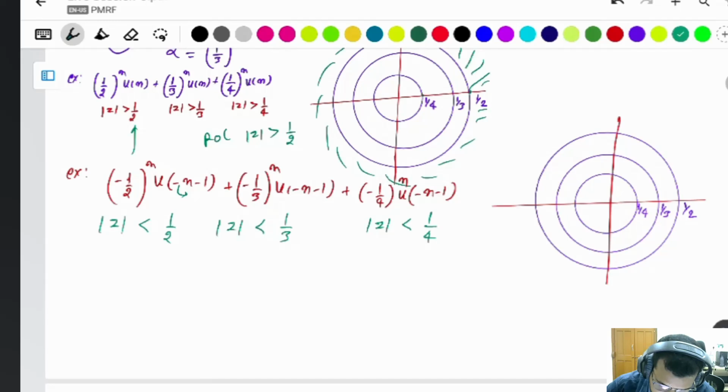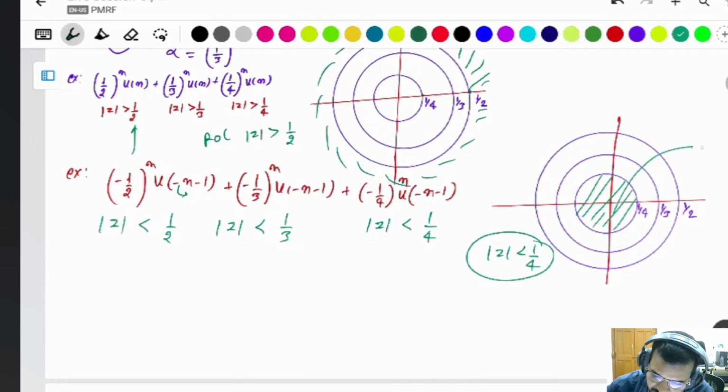But there is the less, this other ROC means less update ROC. Then which one is the lowest ROC? That one is the main ROC of this function. It means the mod of the object is less than 1 by 4, which is the lowest. This one is the ROC of this function.